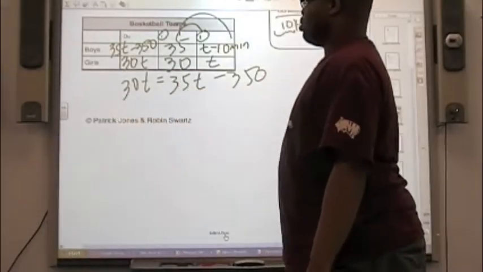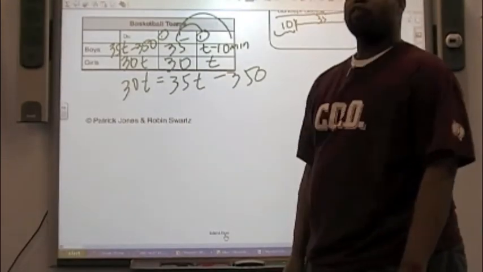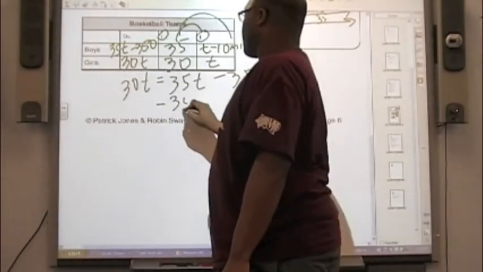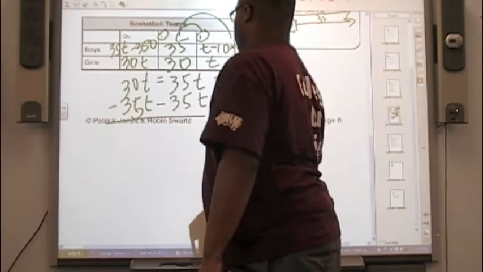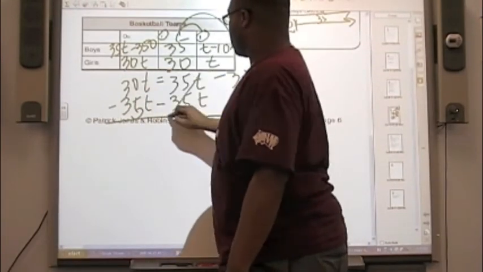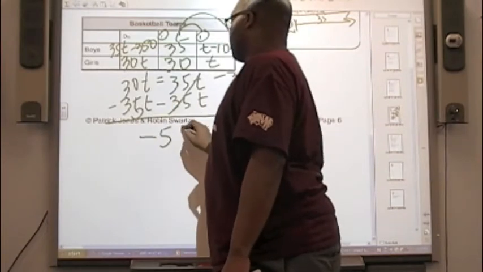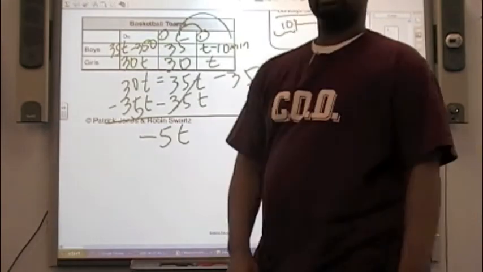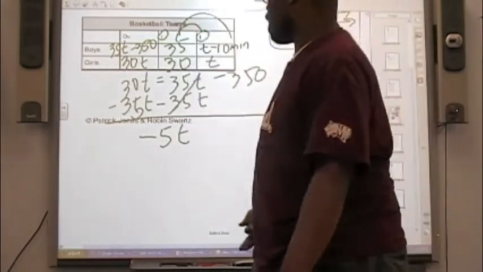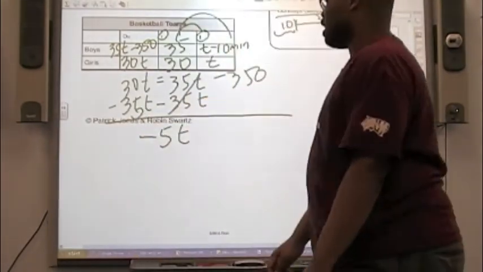If this is true, I can then start solving for t. Subtract 35t from both sides. This cancels out, negative 5t. Don't forget, different signs, subtract, keep the sign of the number with the highest absolute value. 35 has the highest absolute value.